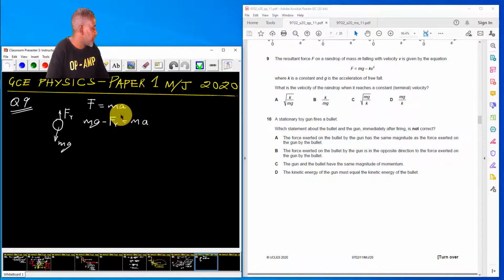So you can see that the resultant force is going to decrease, because friction, air resistance, depends on the speed. At least you can say approximately depends on the speed, but it is usually speed squared.